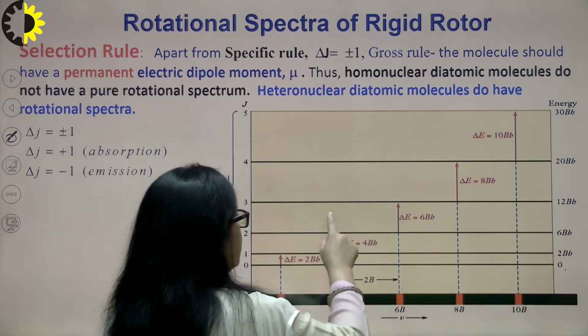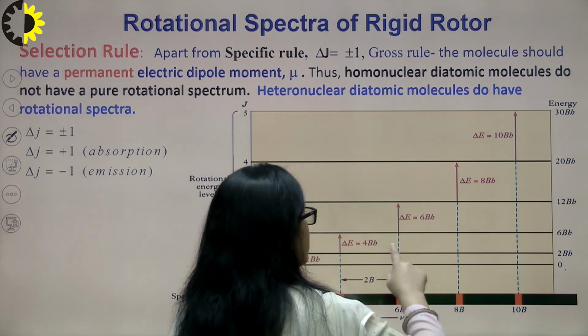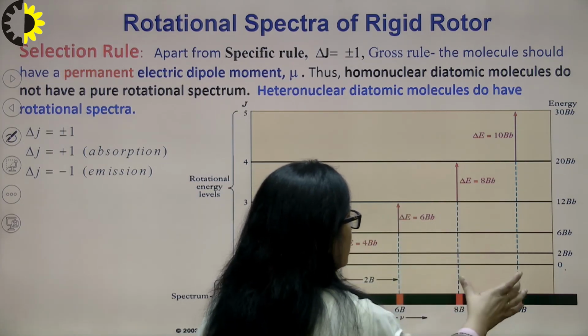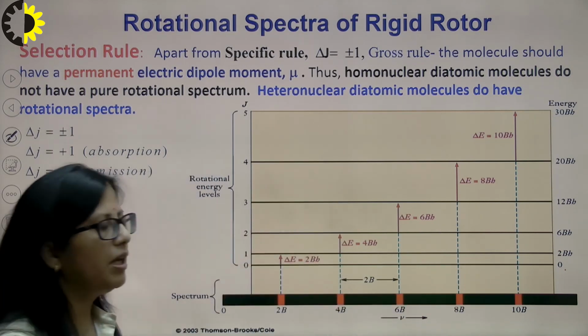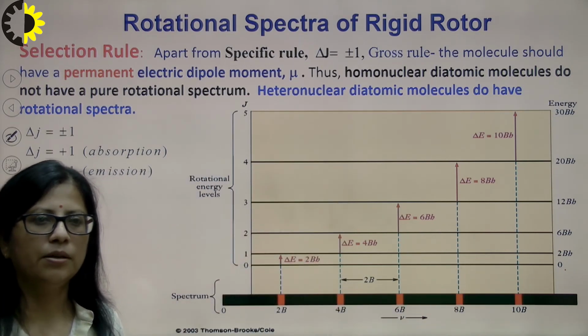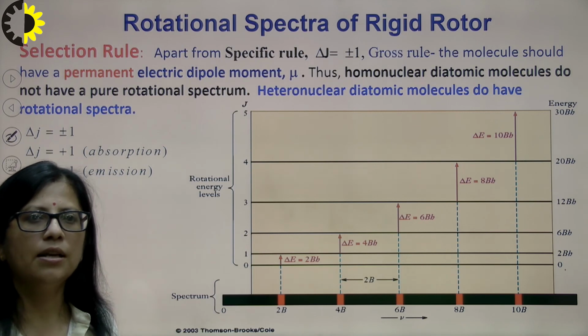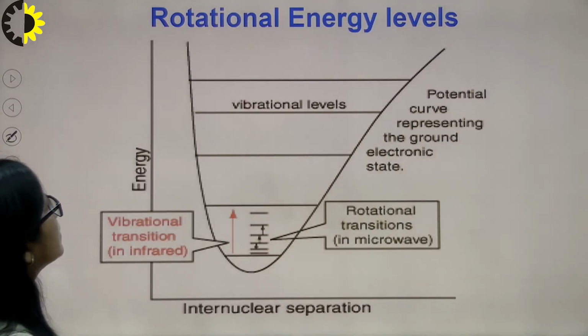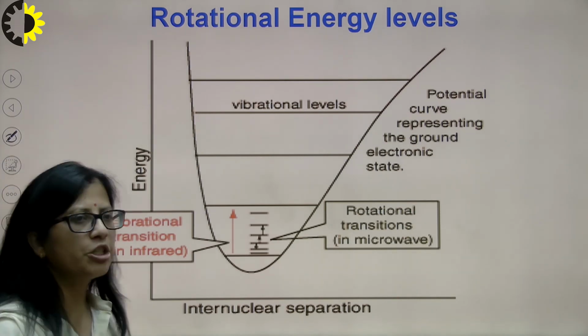So, we are going to observe peaks at 2B, 6B, 12B, 20B, 30B, and the distance between the lines will be 2B. So, this is the rotational spectrum. Here are the different rotational energy levels.